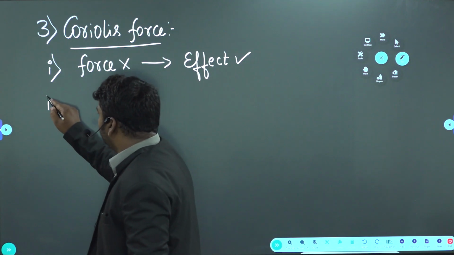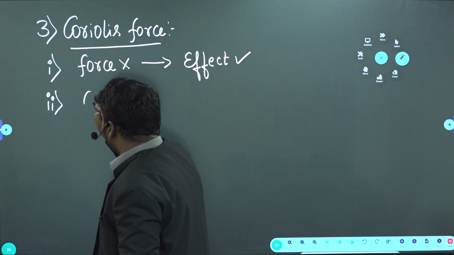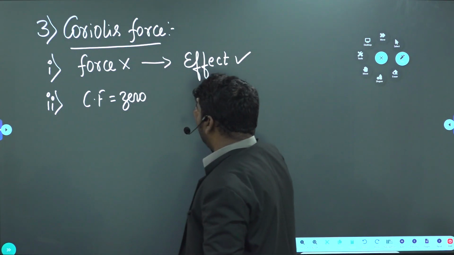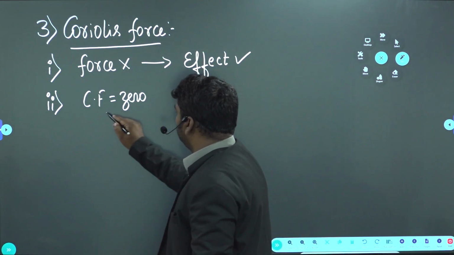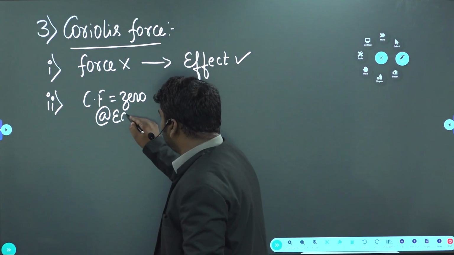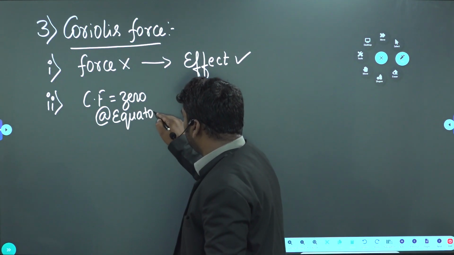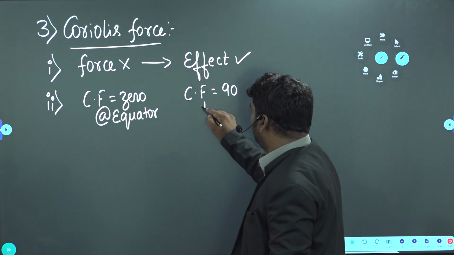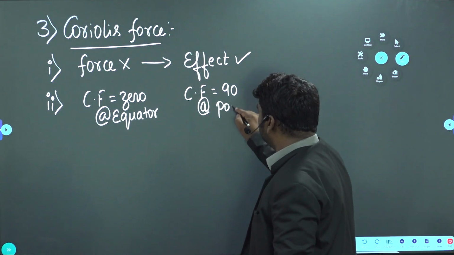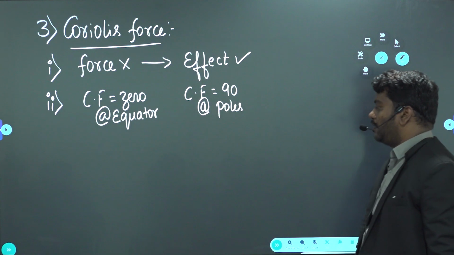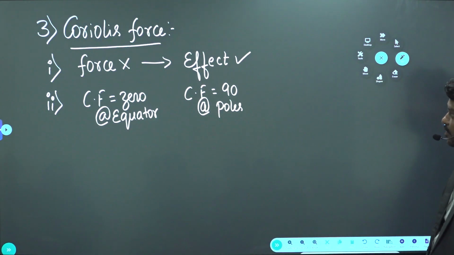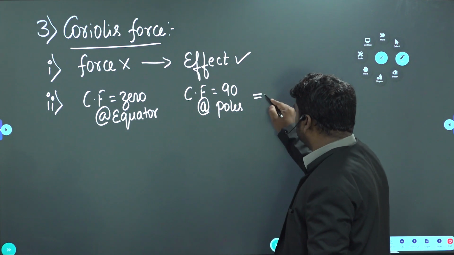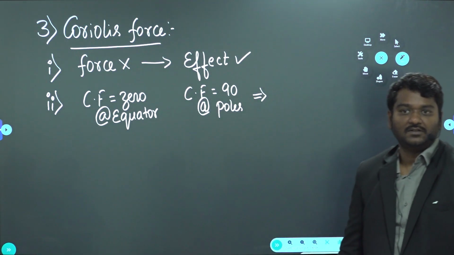And second, Coriolis force is 0 near equator. It is 0 near equator, 90 at poles. 0 near equator, 90 or maximum at poles. What is the reason?